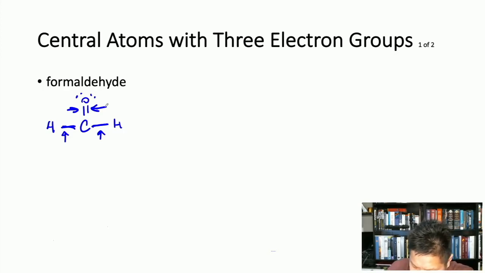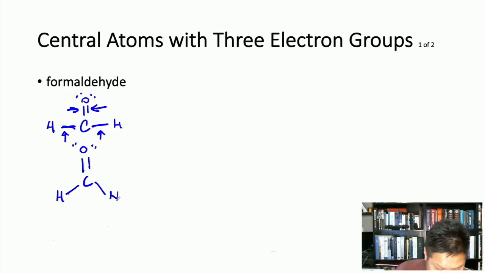So to do that, I bend the angle a little bit and I achieve the furthest distance I can with those electron groups without them hitting each other on the bottom side. So for formaldehyde, this is a trigonal planar.